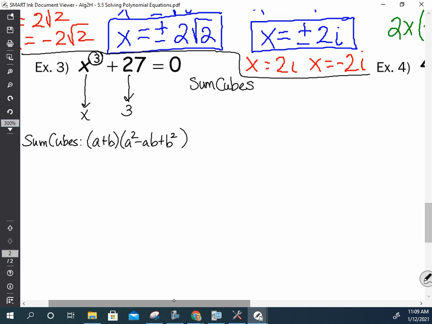So remember, these have formulas. So the a part of the formula is for the x. The b part of the formula is for the 3.